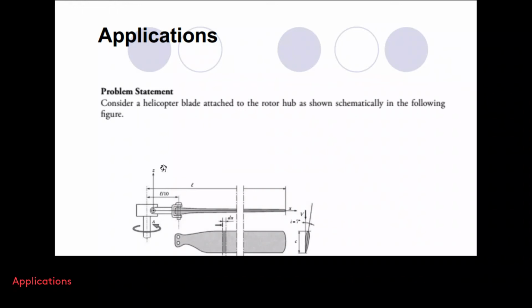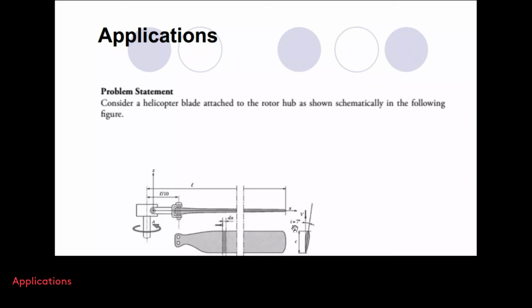Z-axis is oriented aligned with the hub, and x-axis is aligned with the blade. The airfoil has an angle of attack of 7 degrees. It's constant.